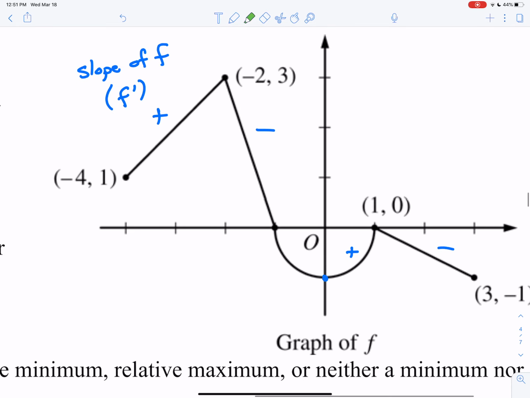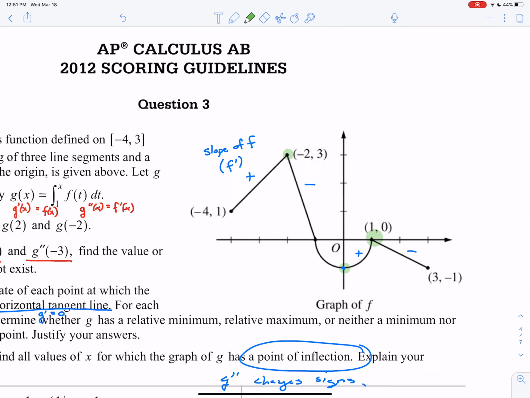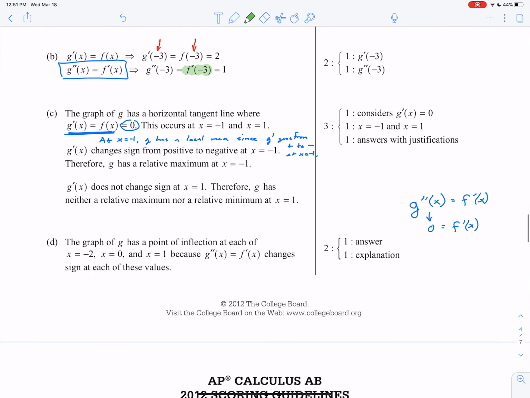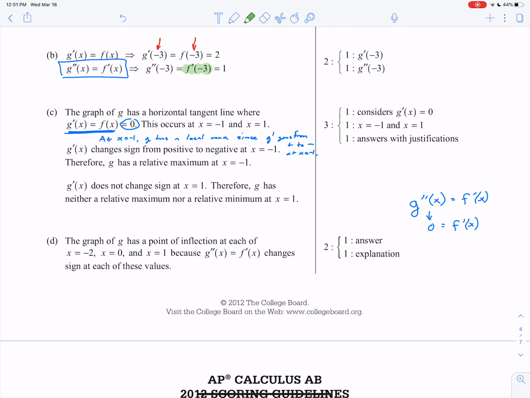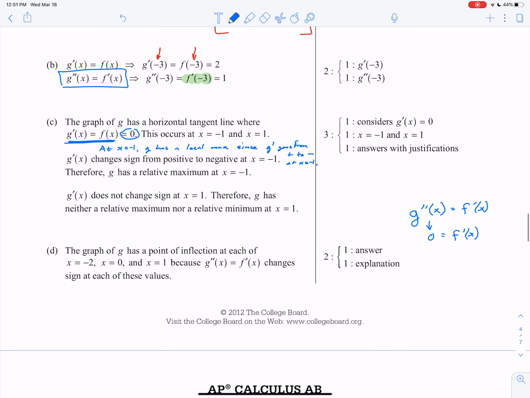It switches signs right at -2, at 0, and at 1. And you would just have to explain that. I would just say at x equals -2, 0, and 1, since f prime changes signs. And that's it.